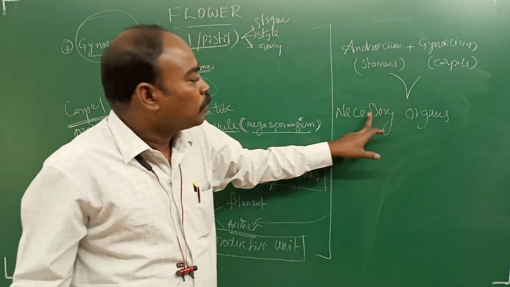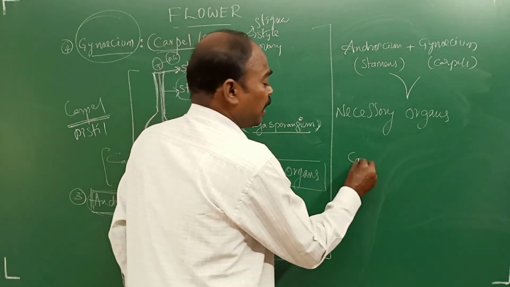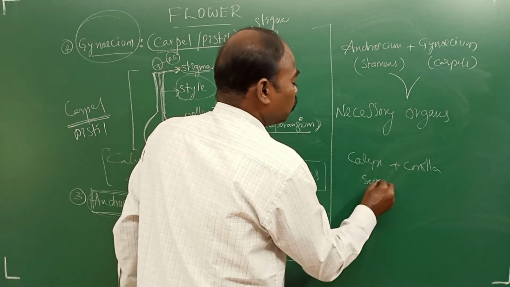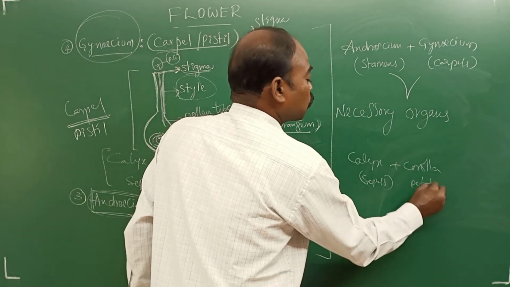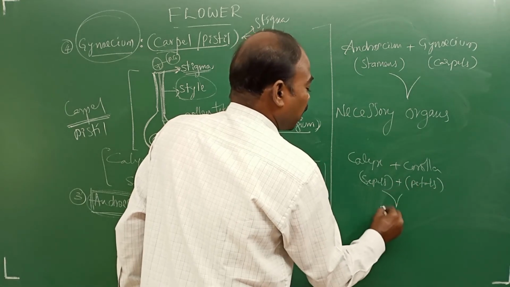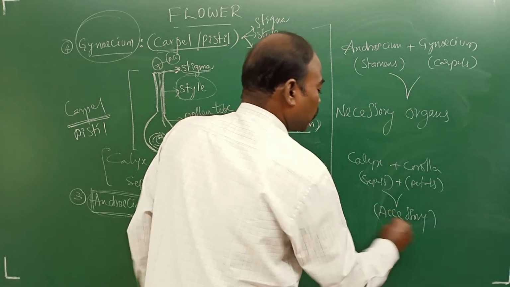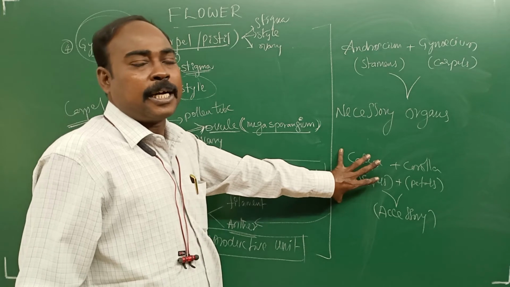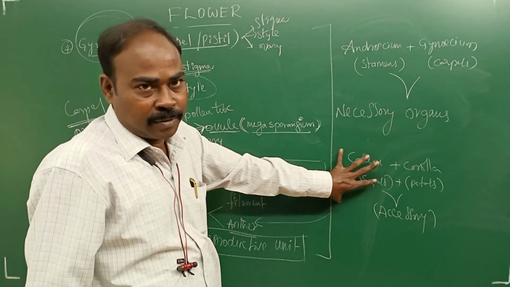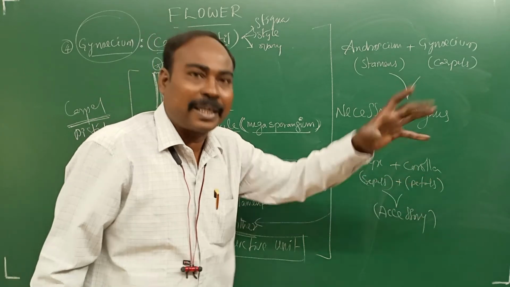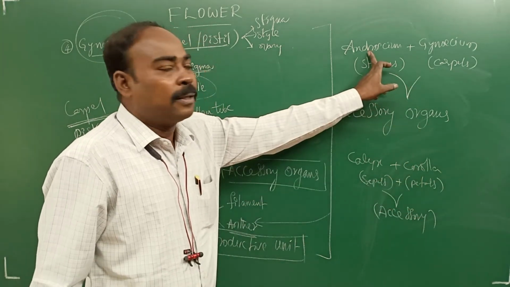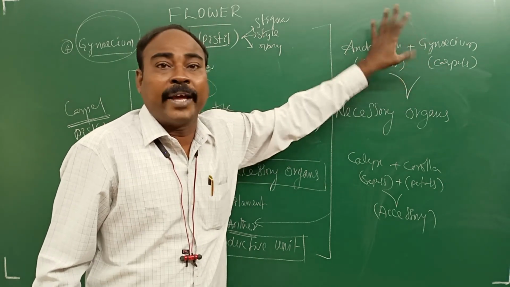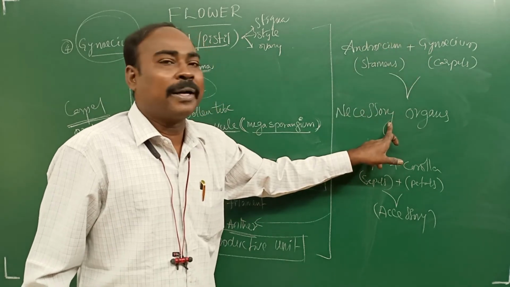The calyx and corolla, which produce sepals and petals, are accessory organs. These first and second whorls, modified floral leaves, do not take part directly in fertilization. One is useful for protection, one for attraction of pollinating agents. But the androecium and gynoecium, by producing stamens and carpels, are directly involved in fertilization, so they are called necessary organs.